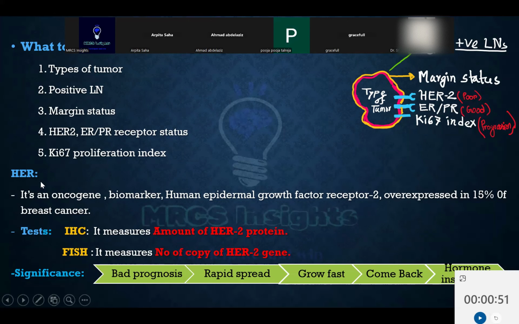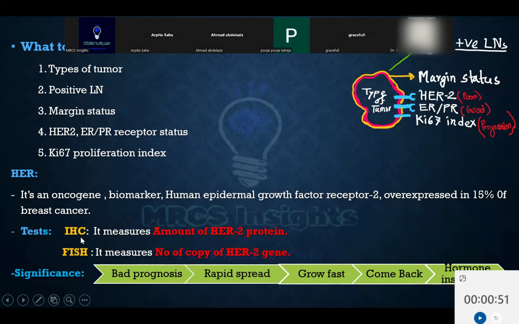Now, what is HER2? It's an oncogene biomarker, human epidermal growth factor receptor 2 protein, which is overexpressed in 15% of breast cancer. And what are the tests we have done to find it out? One is immunohistochemistry, and another one is fluorescent in situ hybridization.